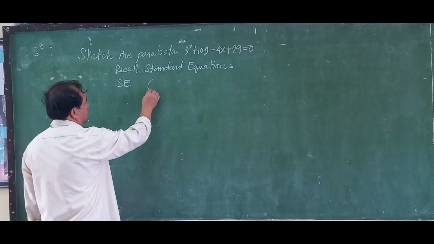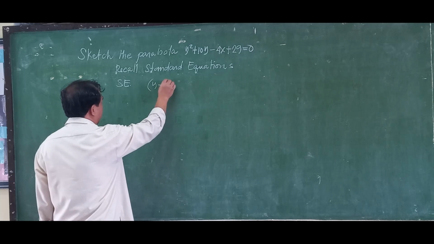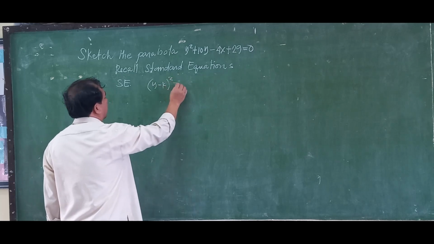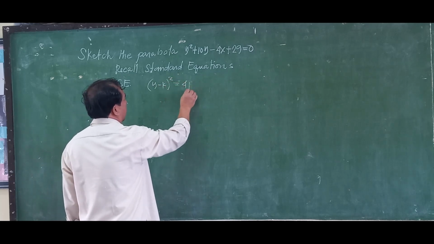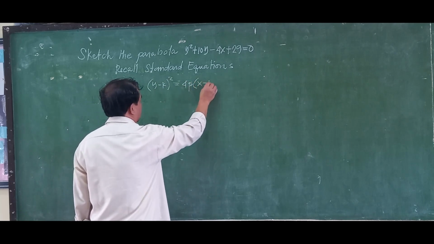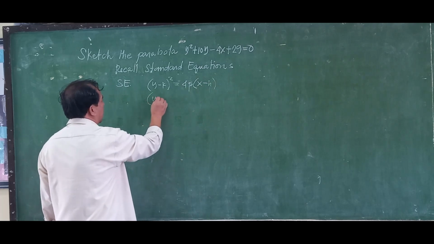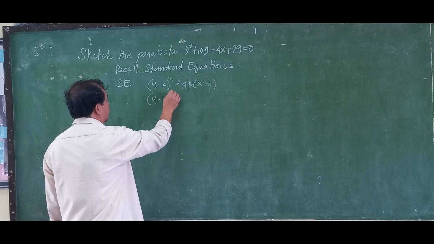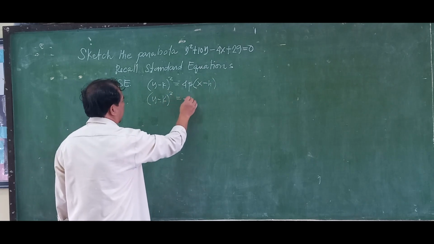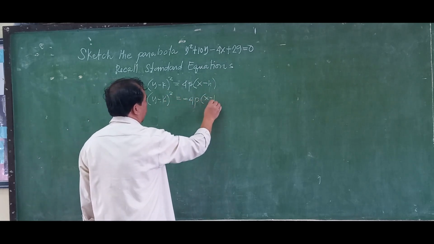That is the same as y minus k raised to 2 equals 4p multiplied by x minus h. Another one is y minus k raised to 2 equals negative 4p, that is x minus h.